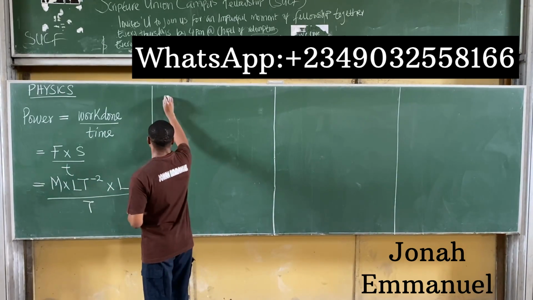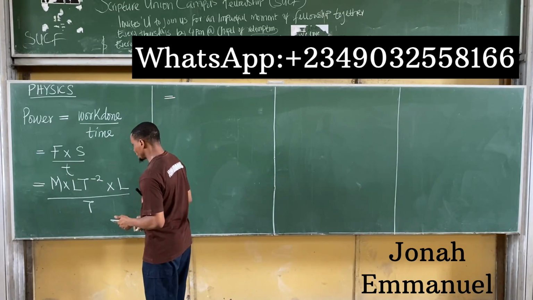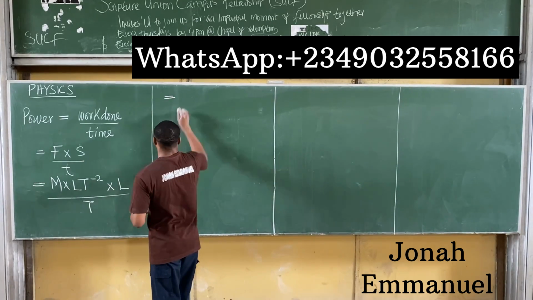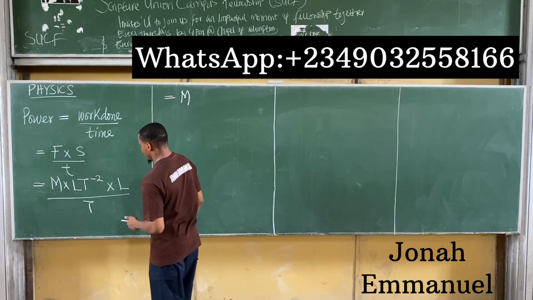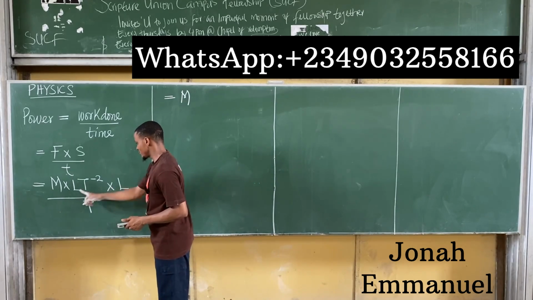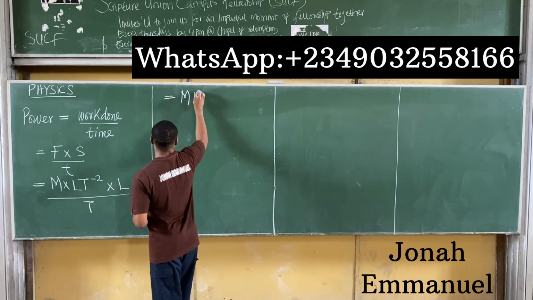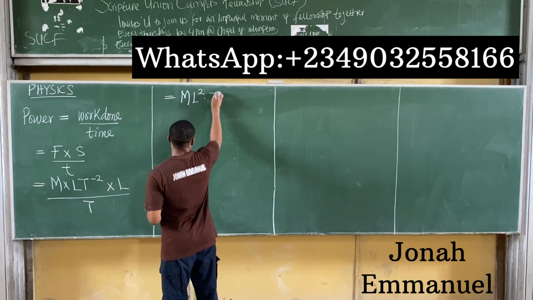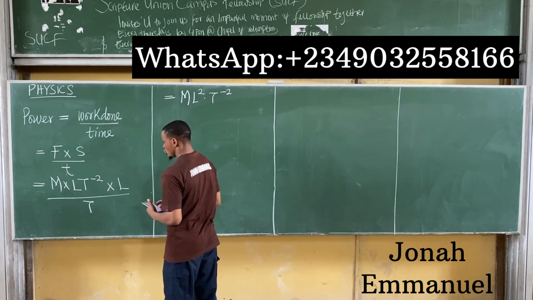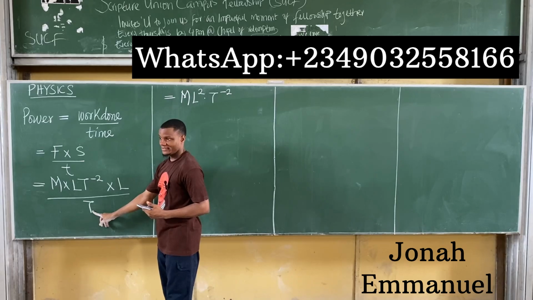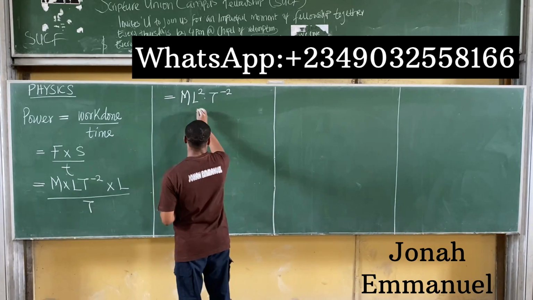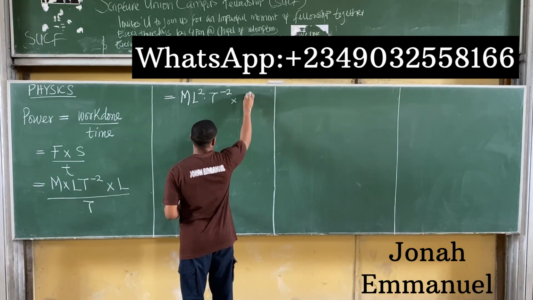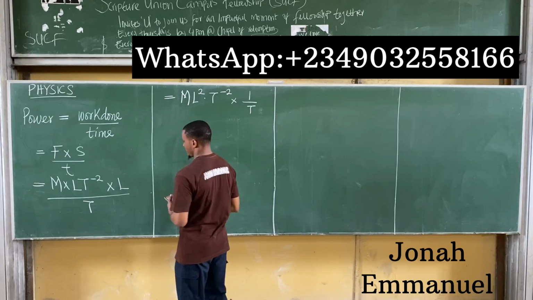This is equal to, if I work on this, take the M, I'm having capital M here. Take the L's: from here I'm having L times L, that gives me L squared. Take the T's: this one here is T to the power minus 2. Don't forget we have a denominator here. This denominator becomes all over T, which can be written as 1 over T. So it's the same thing, right?